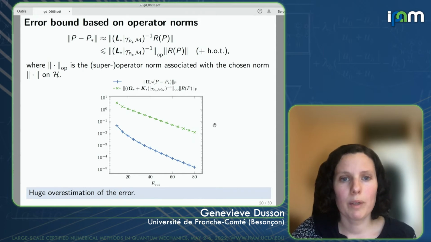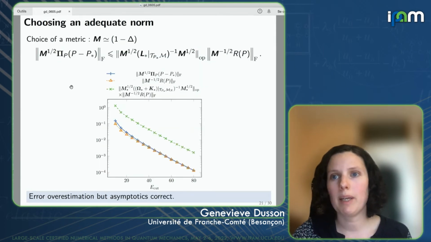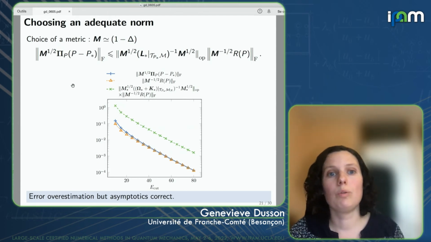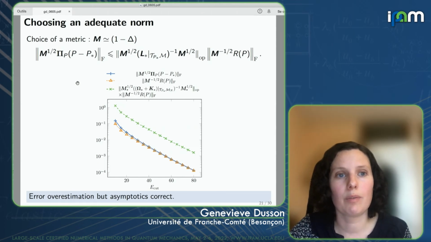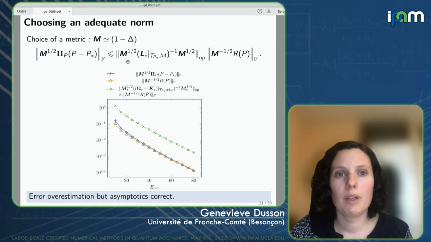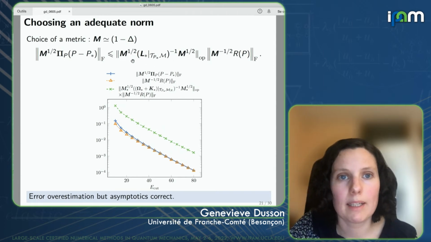What we found as a next idea was to choose the right metric, the right operator norm, to measure these errors. Instead of just the Frobenius norm of the projector, we look at the H1 norm of the error, and put on both sides of this operator 1 minus Laplace half.